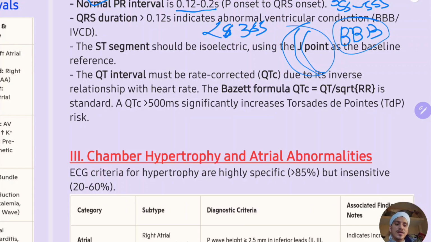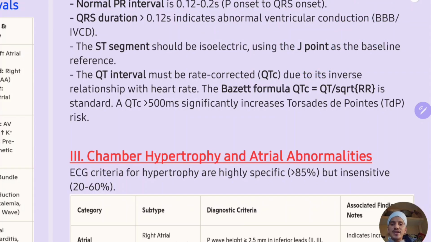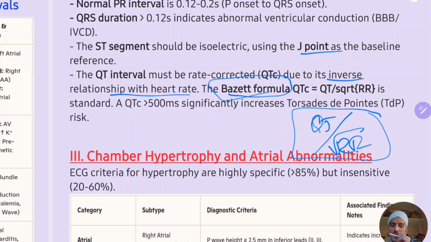In these two conditions, the QRS complex will widen. ST segment should be isoelectric and the J point should be used as a baseline reference. QT interval must be corrected due to its inverse relationship with heart rate by the Bazett formula. So QT divided by square root of RR interval gives the corrected QT interval. A corrected QT increase of more than 5 milliseconds significantly increases the risk of Torsades de Pointes. Remember this point.